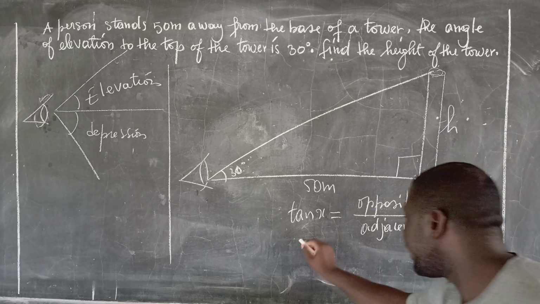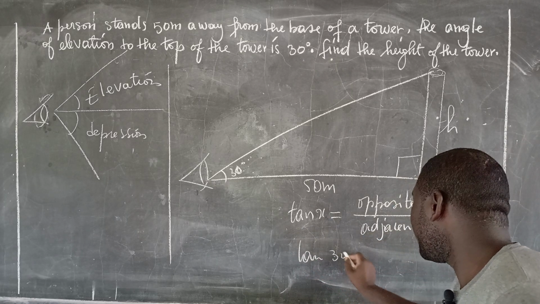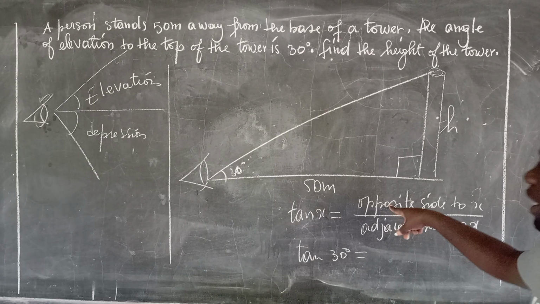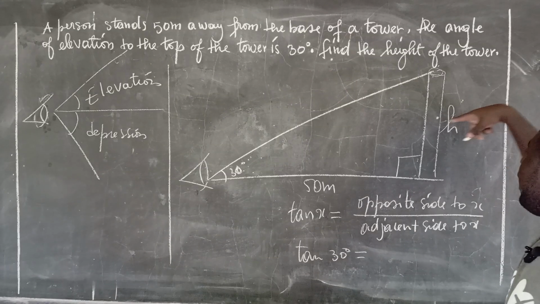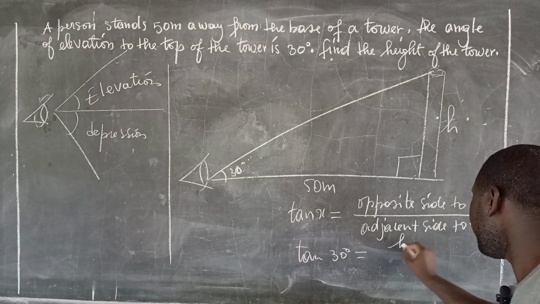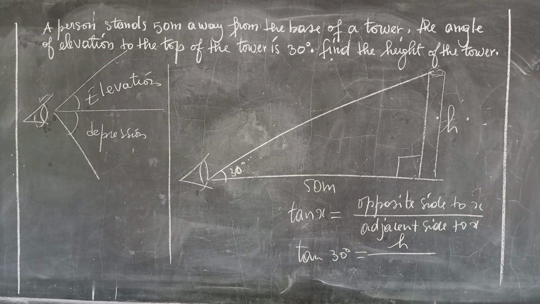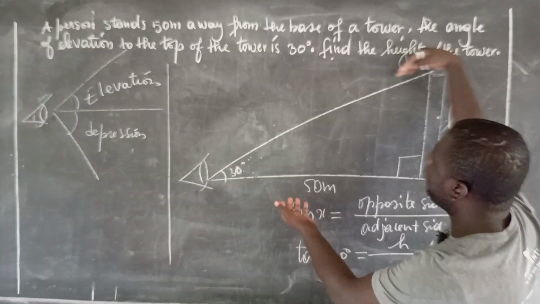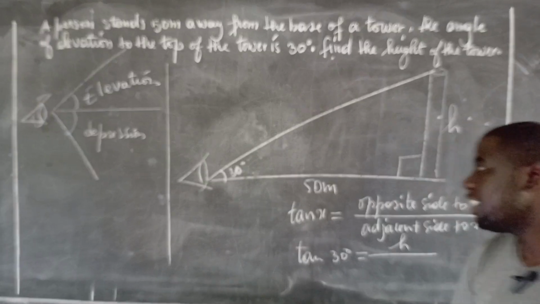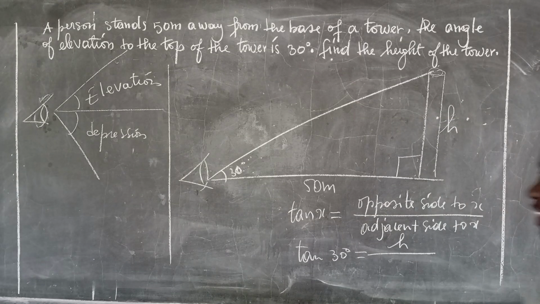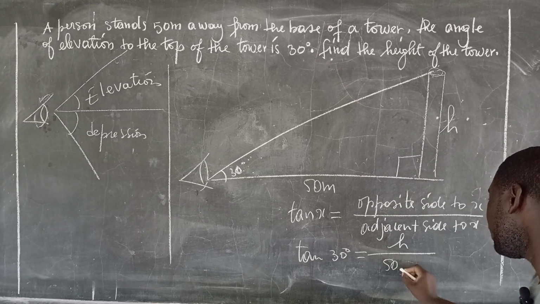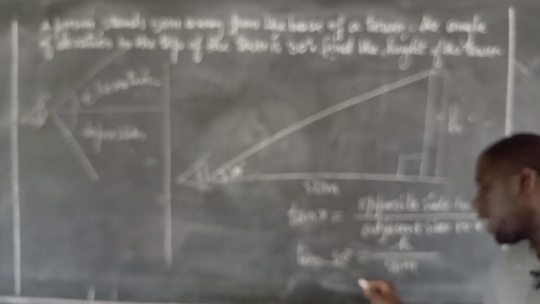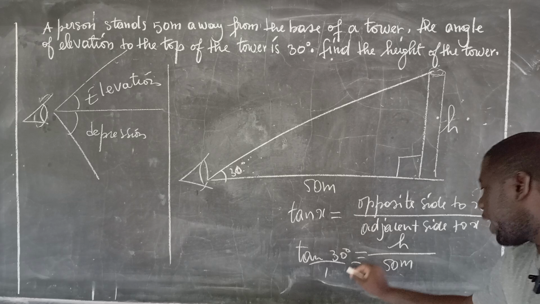Means that tan of 30 degrees will be equal to opposite side to this angle, which is height, over the adjacent side, where this side and hypotenuse make an angle of 30. Means this is an adjacent side. This is 50 meter. So make cross product.